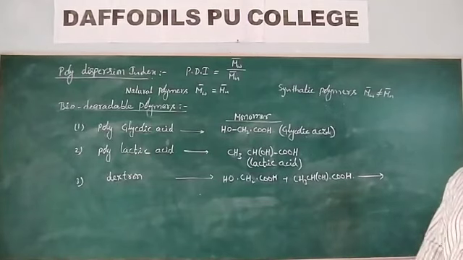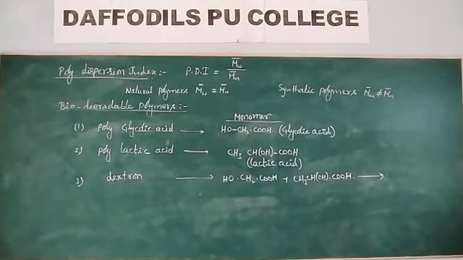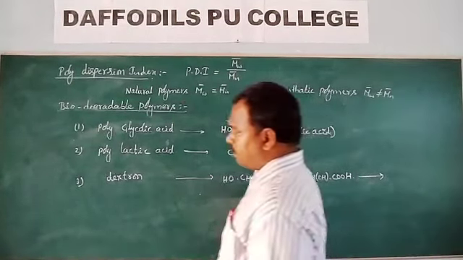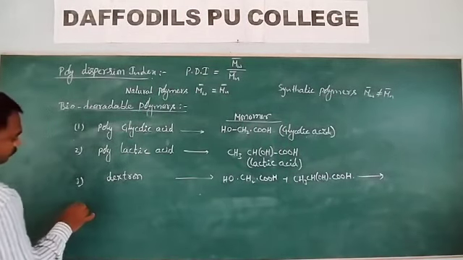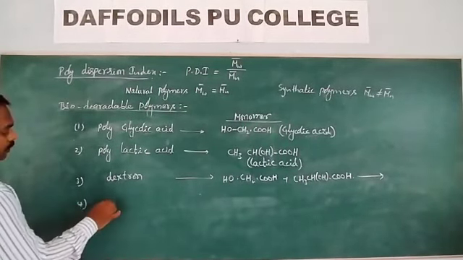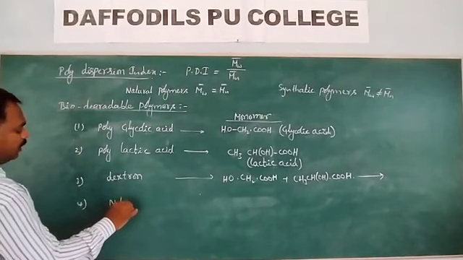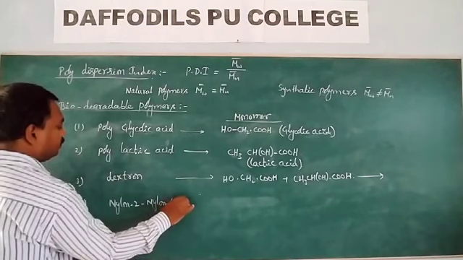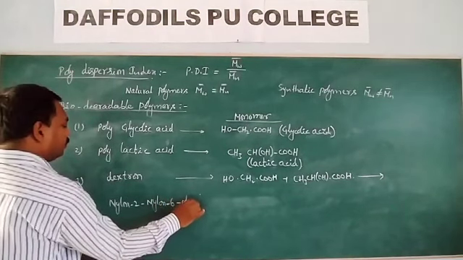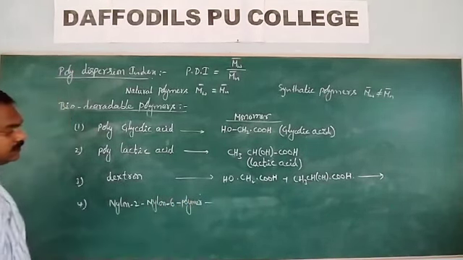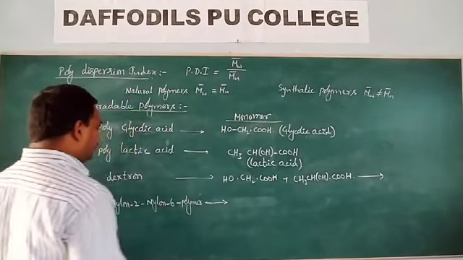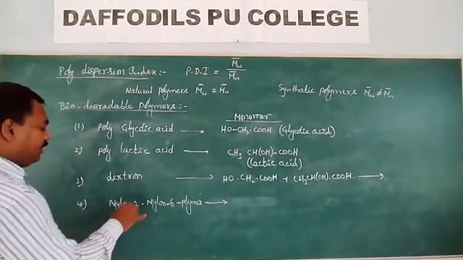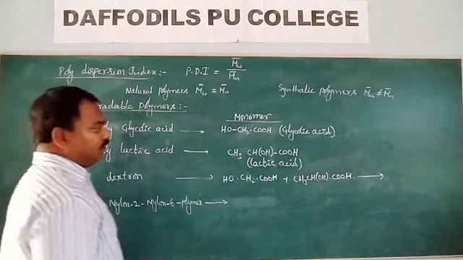Next, nylon 2 nylon 6 polymer. This nylon 2 nylon 6 polymer contains two monomeric units.